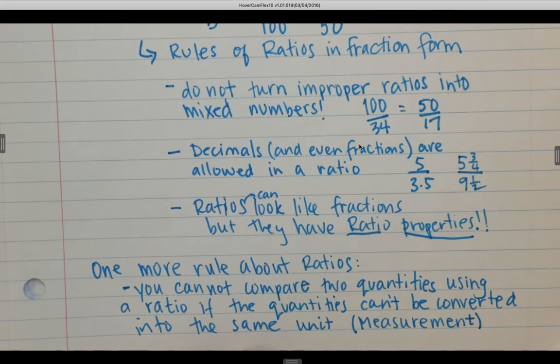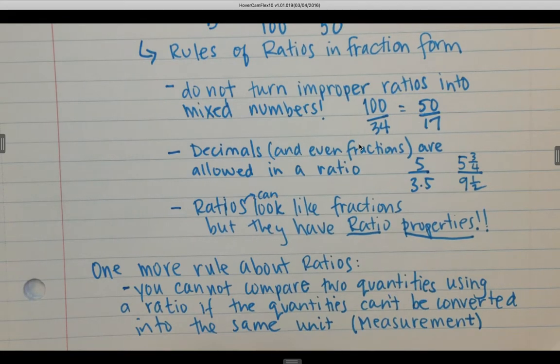Again, as we go deeper into the chapter, you cannot compare two quantities using a ratio if the quantities can't be converted into the same unit. And what that means is, if I have something that is in feet and I want to try and compare it to something, those feet have to be converted into another unit of measurement, like centimeters or meters or kilometers.